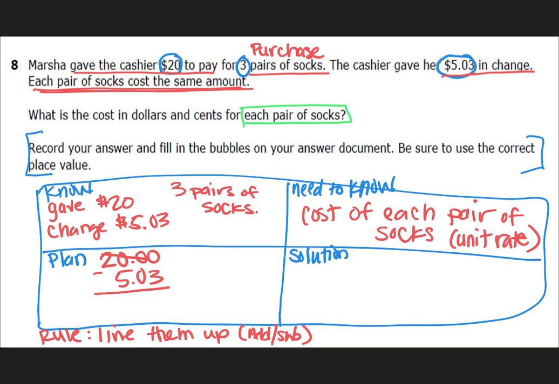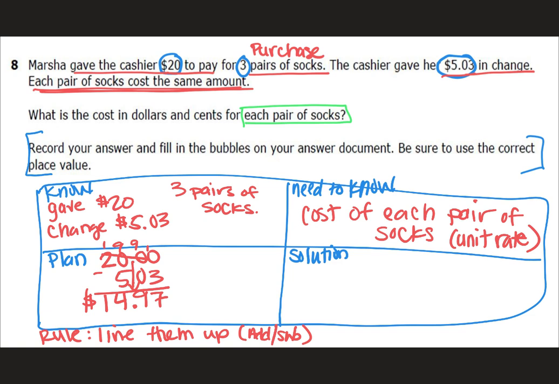And I need to borrow, so that equals 10, 9, 9, 10. So 10 minus 3 is 7, 9 minus 0 is 9. Now I'm going to drop down my decimal. 9 minus 5 is 4. And then 1 minus 0 is 1. So that equals $14.97.